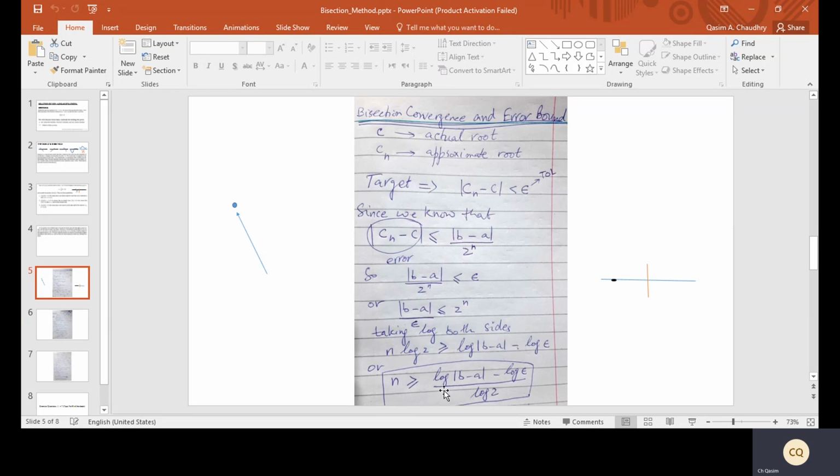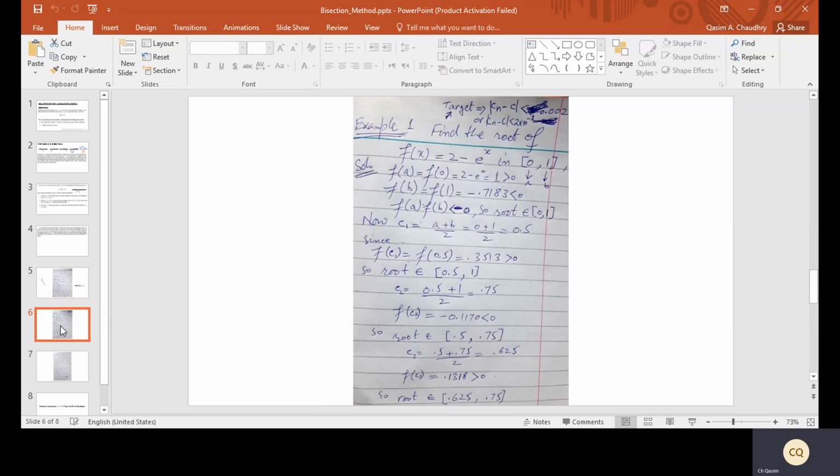Now if you use the calculator, you check the value of n. I have already seen that this becomes log of 1, since b minus a is 1 minus 0, log 1 minus log 0.002 divided by log 2, and the value is just less than 9. You can verify this one.